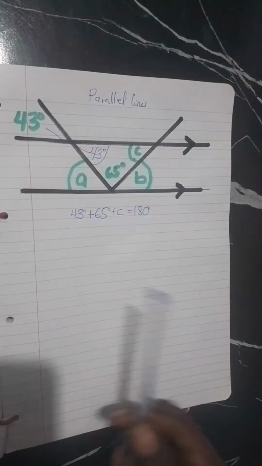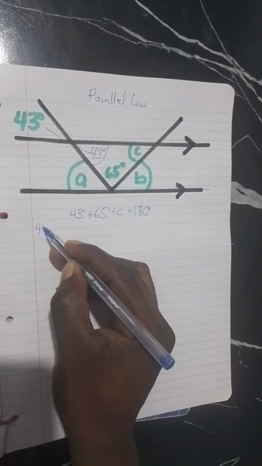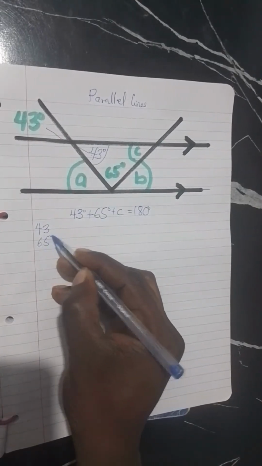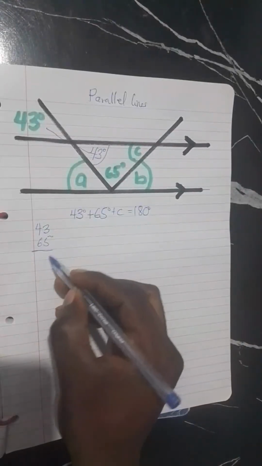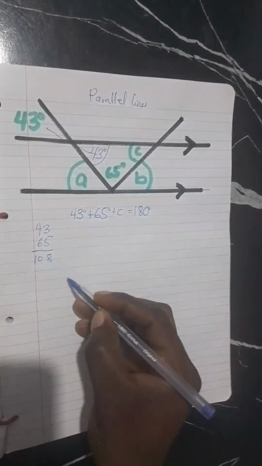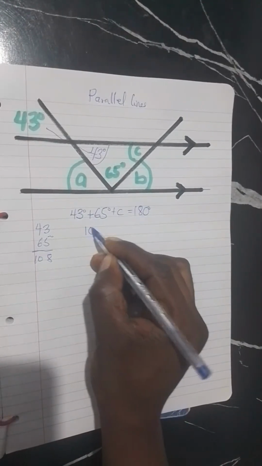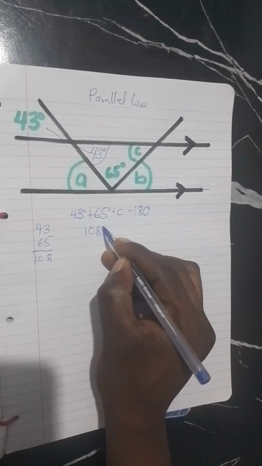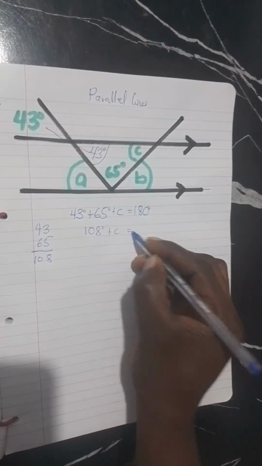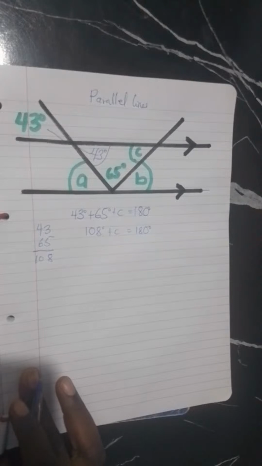Okay. So now you add 43 and then 65 degrees. So they give us 108 degrees. 108 degrees plus the angle C will give us 180 degrees.